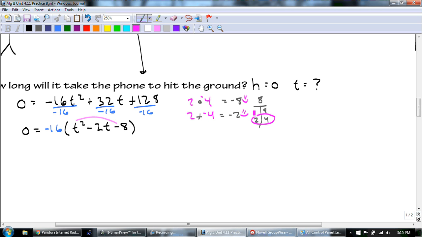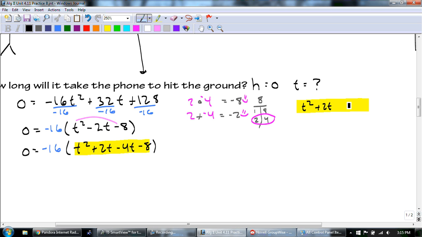has to be negative. Okay, so I'm going to split that middle term. The negative 16 comes out. I still have the t squared plus 2t minus 4t minus 8. And all I'm going to do, just because we've kind of run out of room on the bottom over here, I'm going to factor it over here. So t squared plus 2t minus 4t minus 8. I'm going to draw the line down.